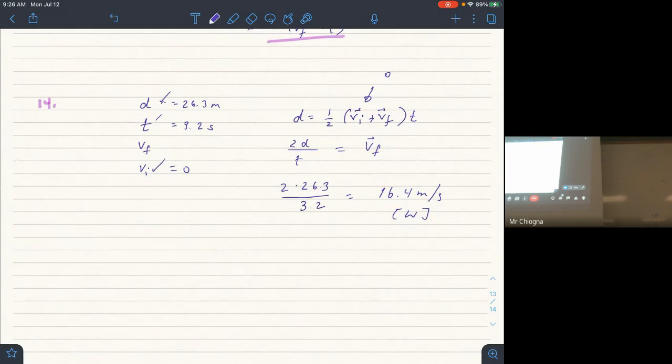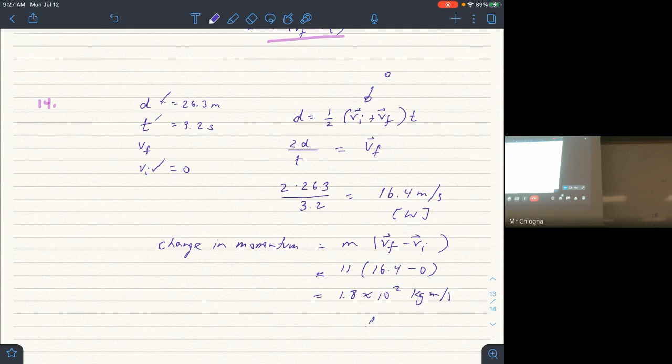Okay, so the question is, what is the change in momentum? Same direction as the final velocity.